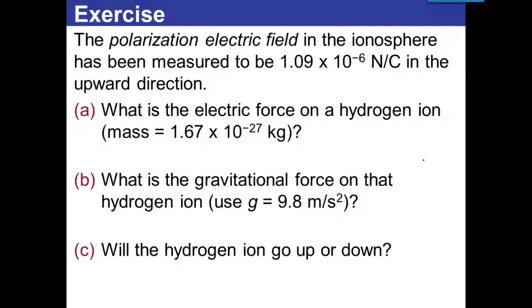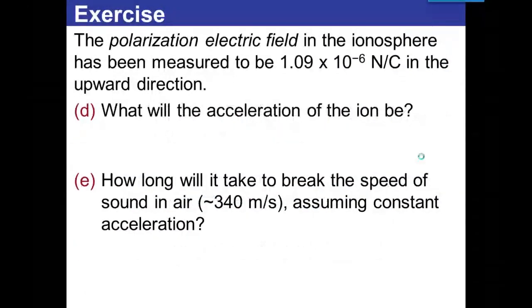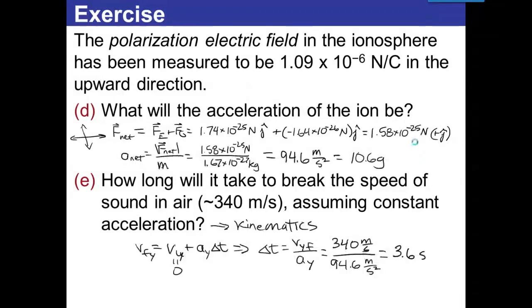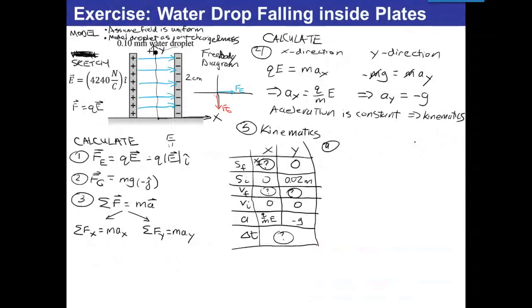Let's go back and look at our equations here. So I need to get delta t. If I get delta t, I'm good. What if we look in the y direction?